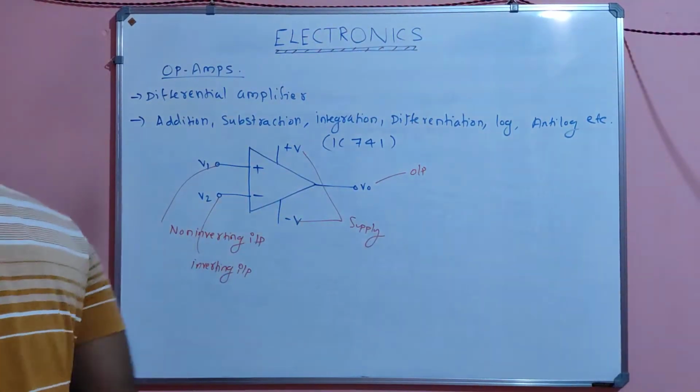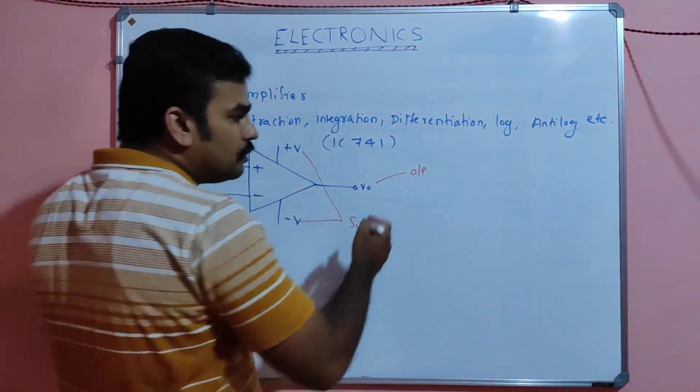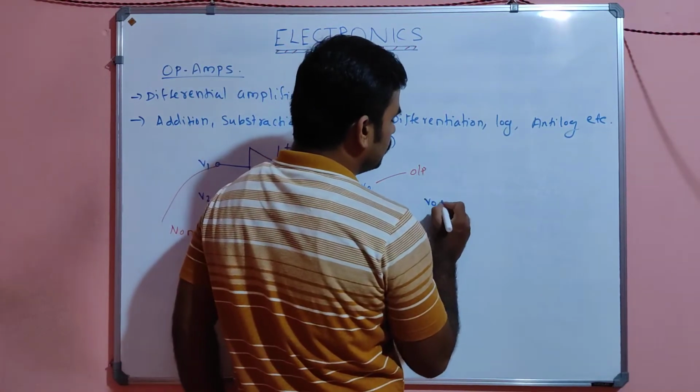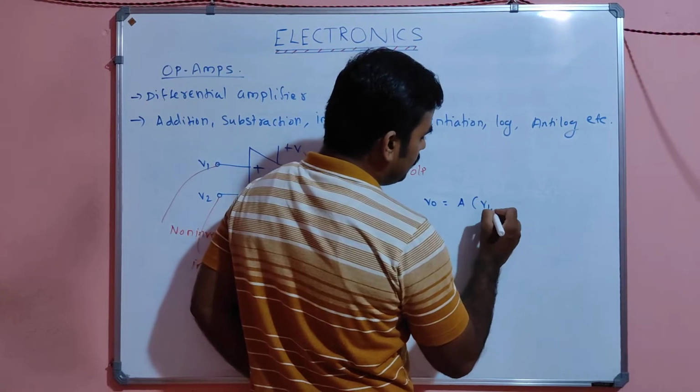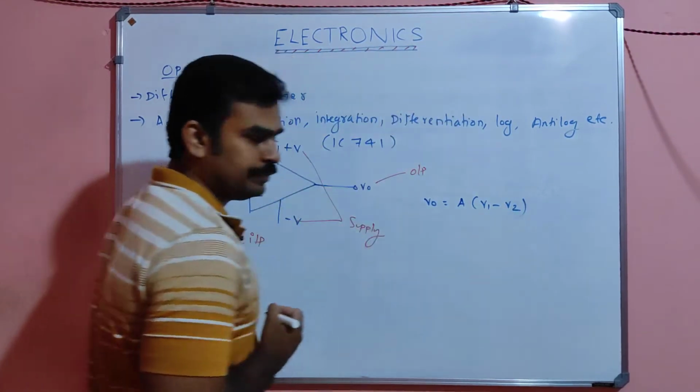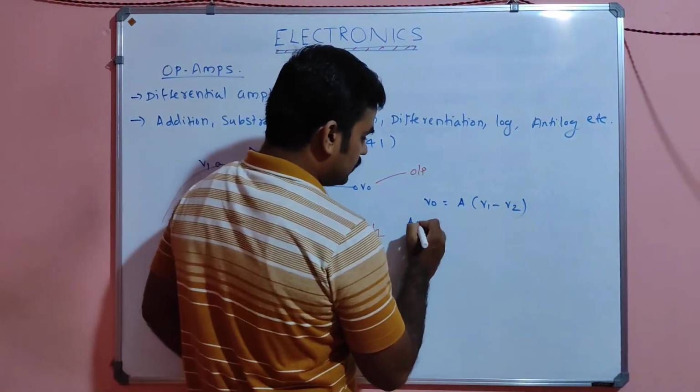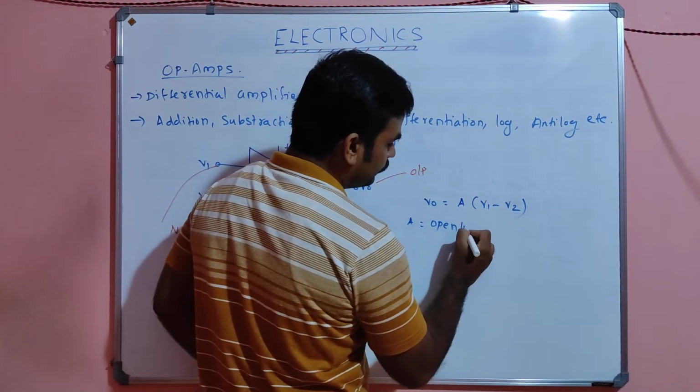The output of an op-amp will be V0 equal to A times (V1 minus V2), where A is the open loop gain.